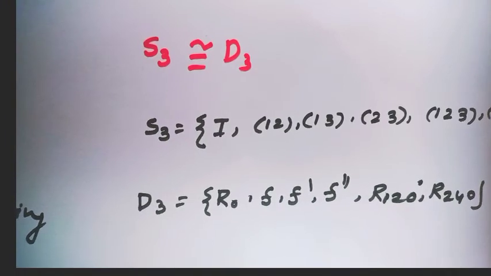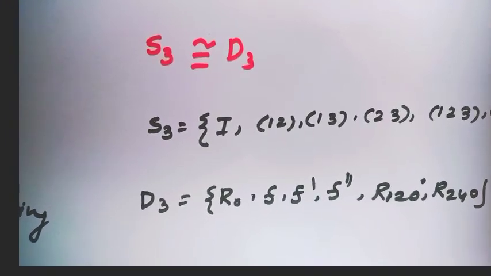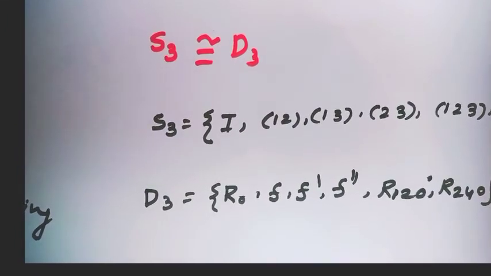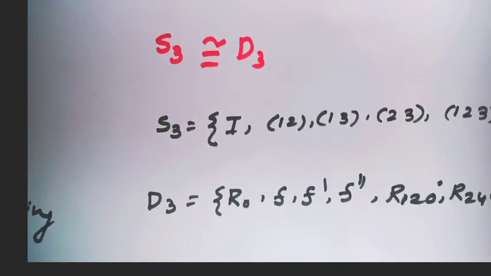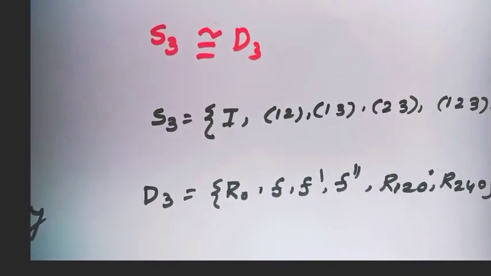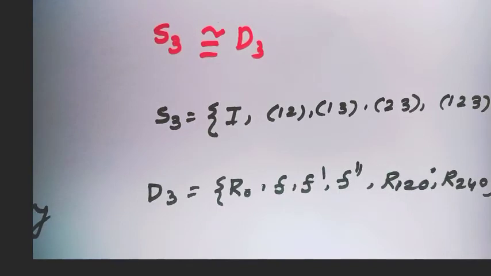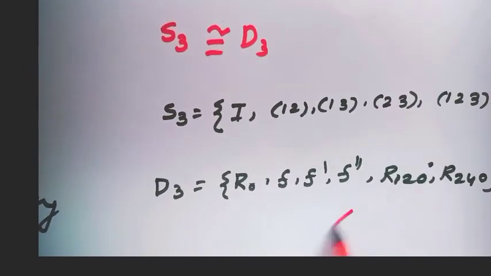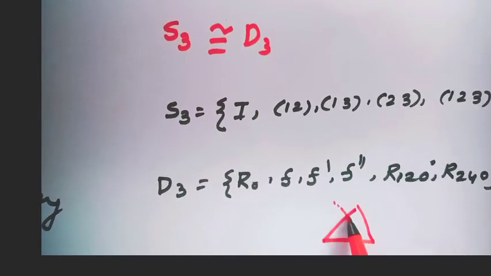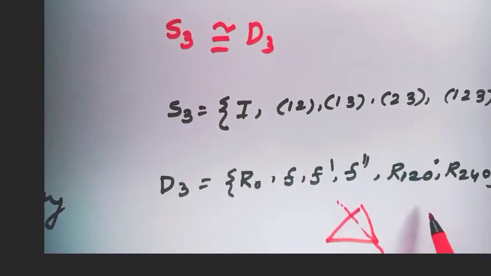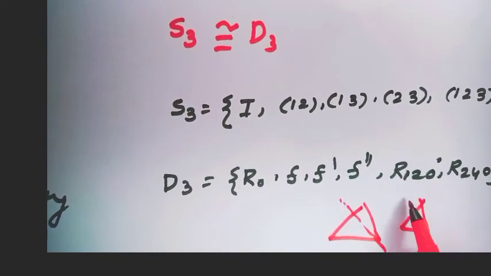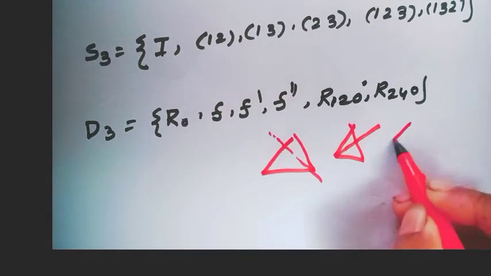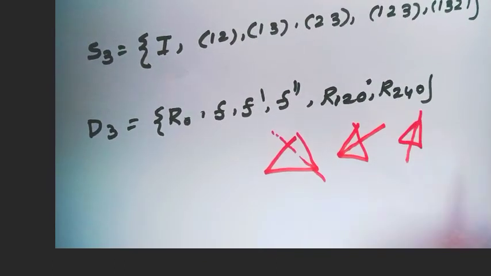The 2-cycles are (1 2), (1 3), (2 3), and the 3-cycles are (1 2 3) and (1 3 2). And D3 contains the identity R0, and the elements of order 2 are flips. F is the flip under this diagonal, F prime is the flip under this diagonal, and F double prime is the flip under this diagonal.